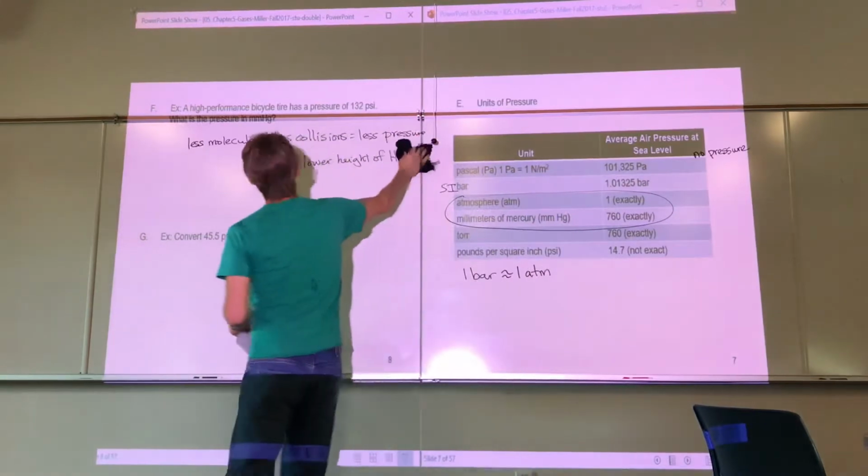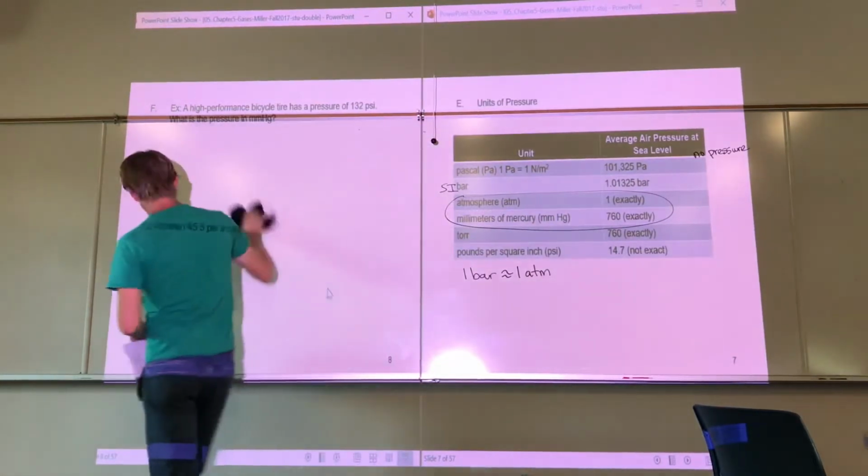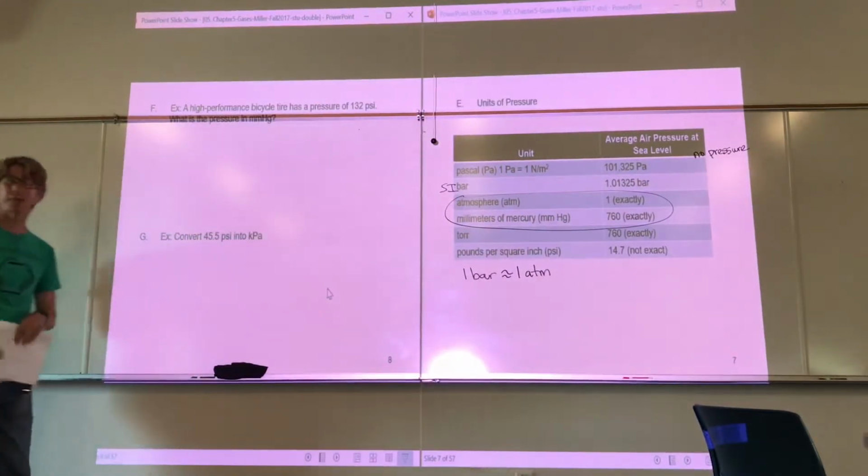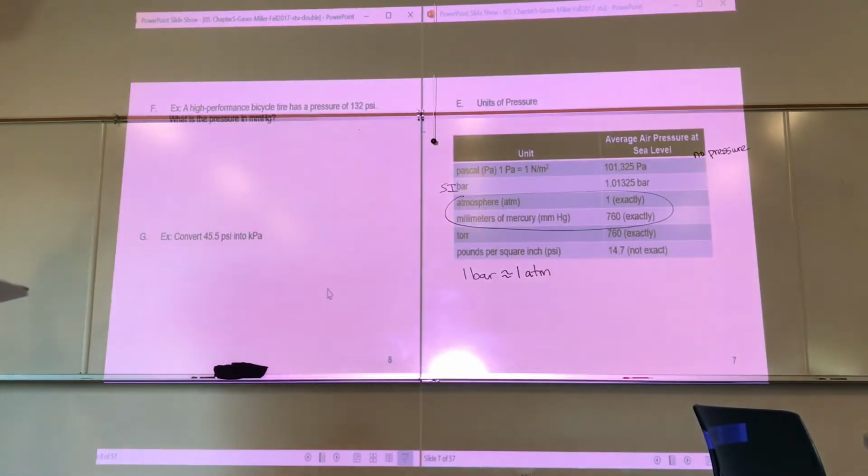Now, of course, this is on your second exam, not on your first exam, but there will be a variety of unit conversions that we can ask you to do.